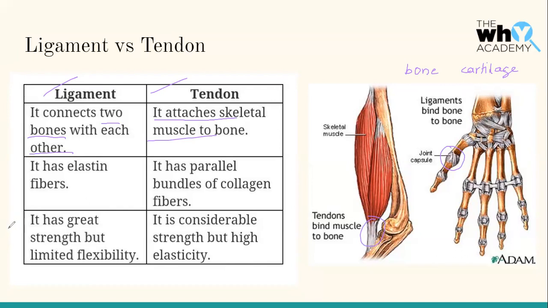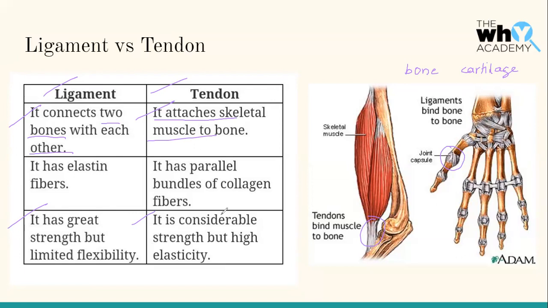Another thing you need to know is this point. You can skip the second point. The first and third points are sufficient. Ligament is not flexible. You can't really bend your fingers in all directions. There is limited movement of your finger; you can just open and close it. So it has great strength but limited flexibility.